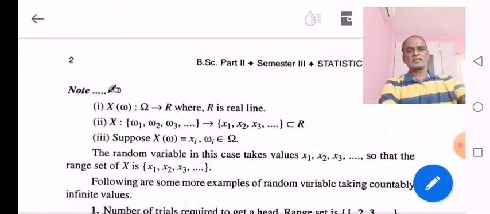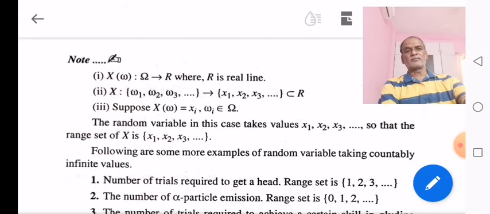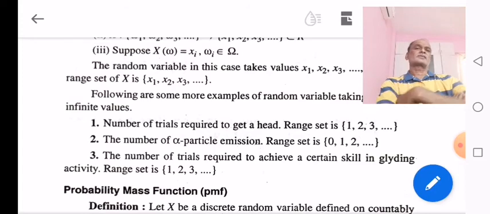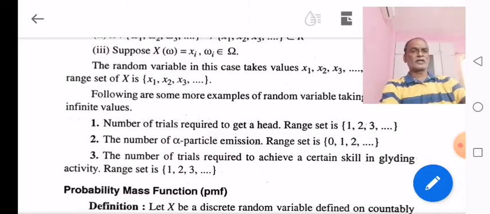Following are some more examples of random variables taking countably infinite values. First example, number of trials required to get head. Same example, toss a coin until you get head. Suppose in the first toss you are getting head, so just one trial is required to get head. Suppose in the first trial you are not getting head, that means you are getting tail.